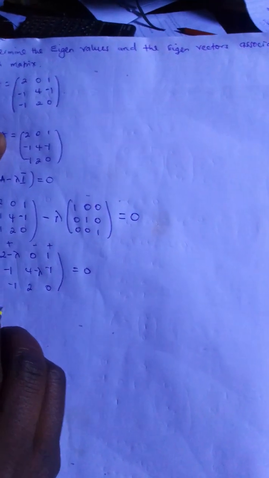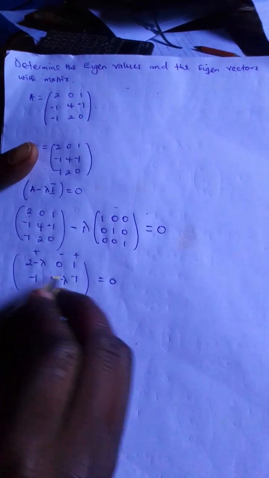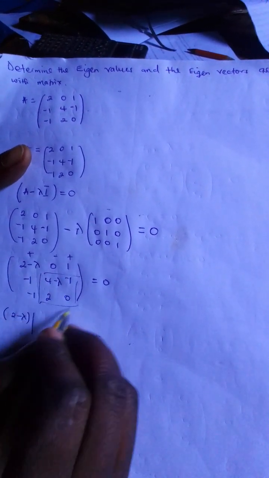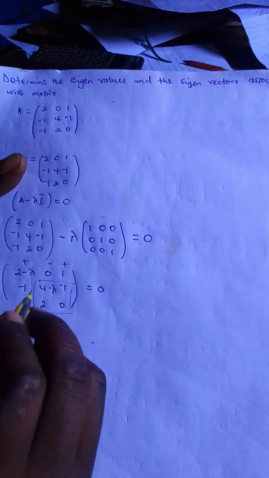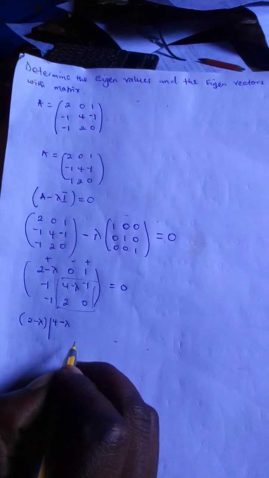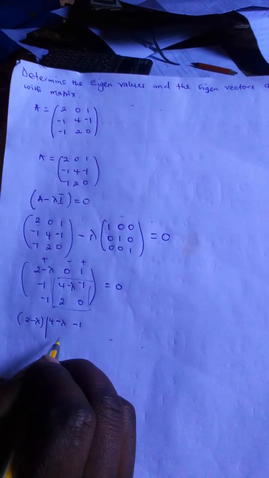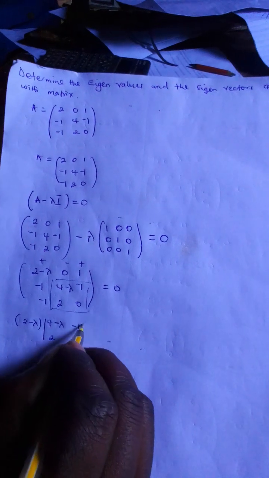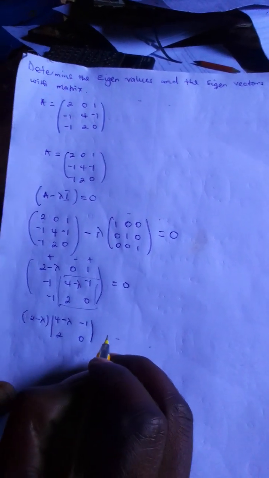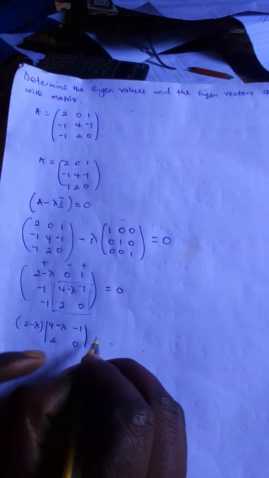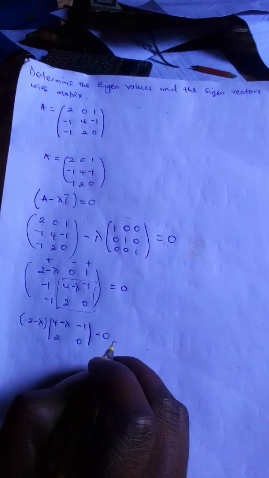2 minus lambda, then into this bracket, which is 4 minus lambda, then -1, 2, and minus lambda. And from there, we shall have our minus 0.